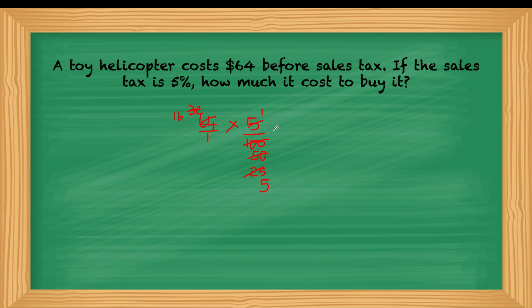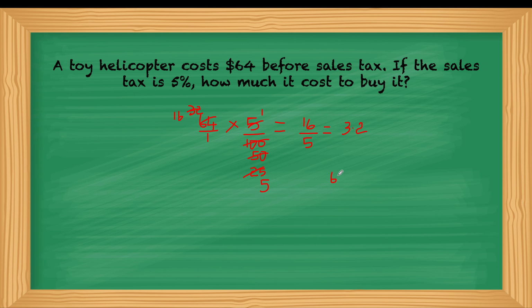Now I can't simplify anymore, so I'm going to multiply, and I'm going to end up with an improper fraction. So I'm going to have 16 over 5, and that is equal to, as a decimal, 3.2.